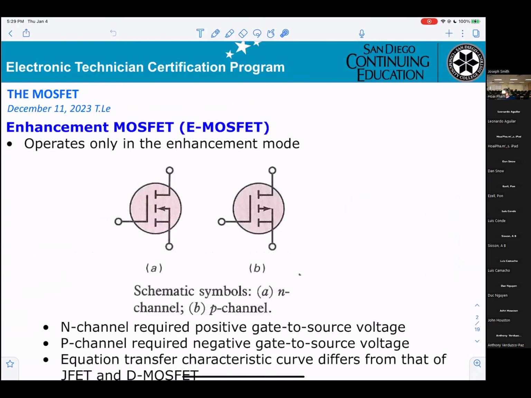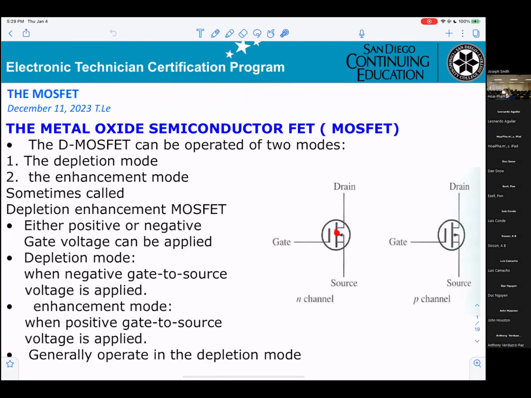Now, enhancement mode. Enhancement MOSFET, that will be E MOSFET. You can see the symbols look almost the same, but are not the same. You recognize this one here, they will be the same.